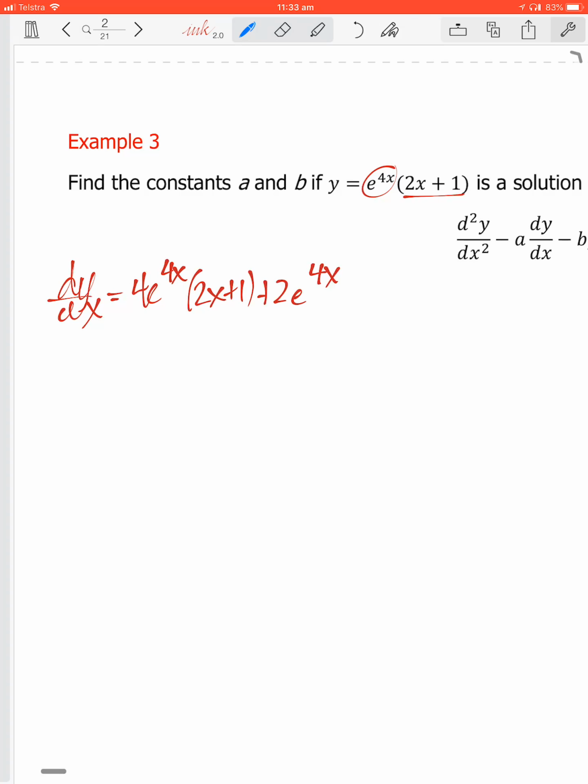So that's my first derivative. You can take out 2e to the 4x.